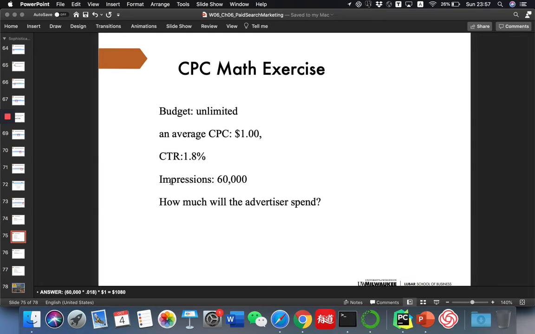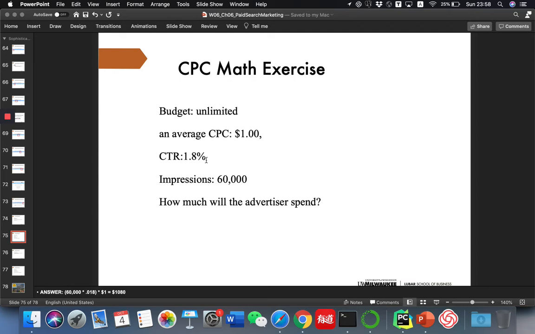At first, we have the number of impressions, 60,000. And second, we have the click-through rate. By the definition of a click-through rate, this means how many impressions will lead to one click.